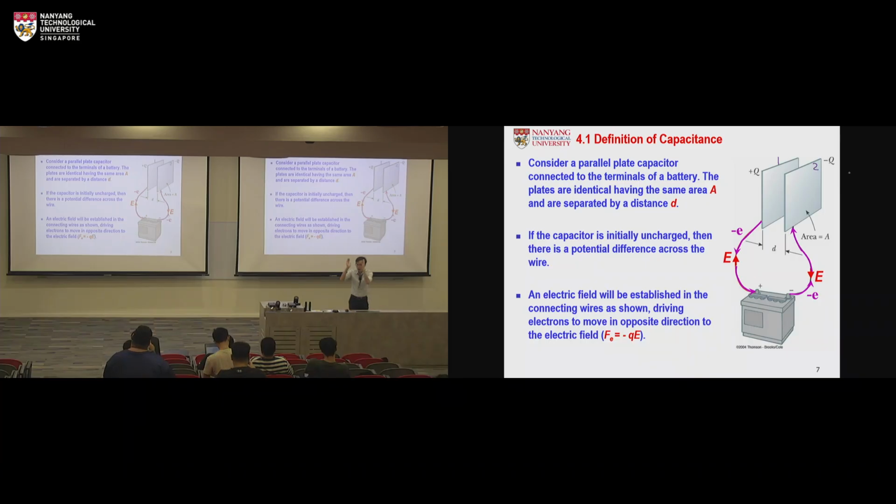They are just parallel, the most simple configuration. Two parallel metal plates, and in between is just air. So it's two conductors separated by an insulator. And initially, of course, we make it charge neutral. There's no charge stored in this capacitor.